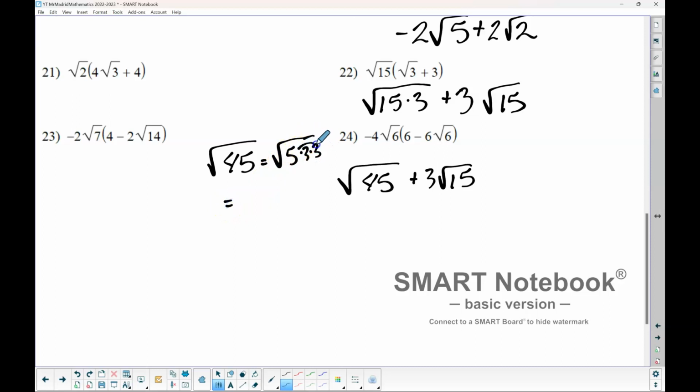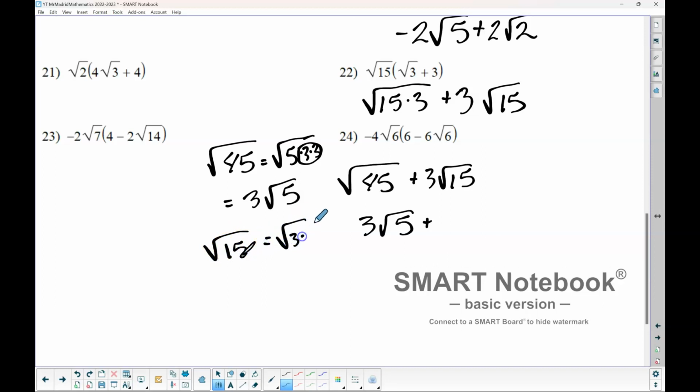So again, since that's a pair, we can kick one out, and we have 3 square root of 5. So here I can write this as 3 square root of 5 plus, let me see if I can do something with 15. This is like scratch work. 15 equals 3 times 5. There's no pair here, so nobody pops out of the radical. So it has to stay like that. So in this case, we have 3 square root of 15.